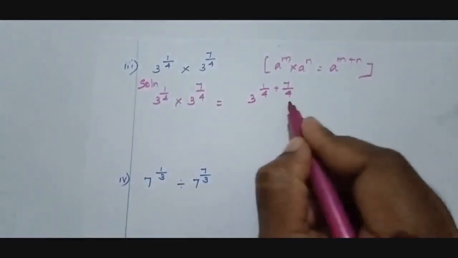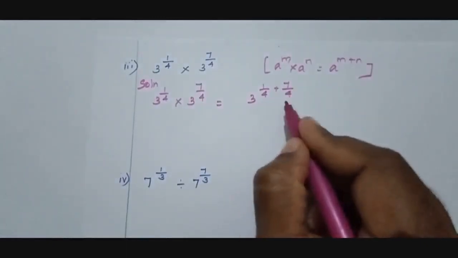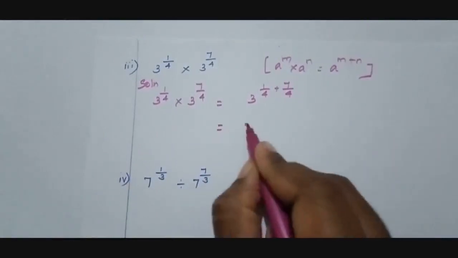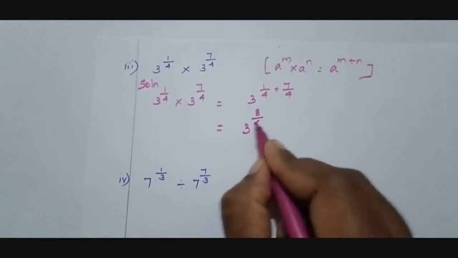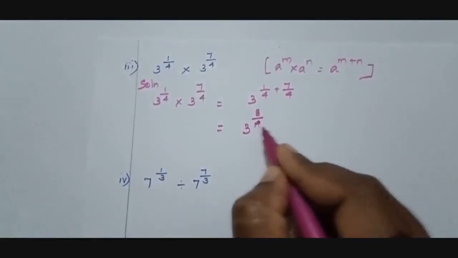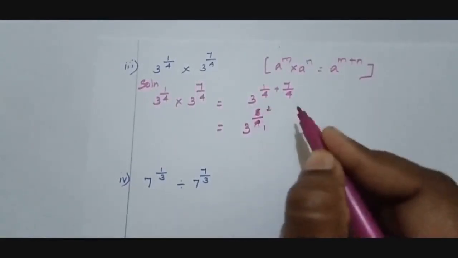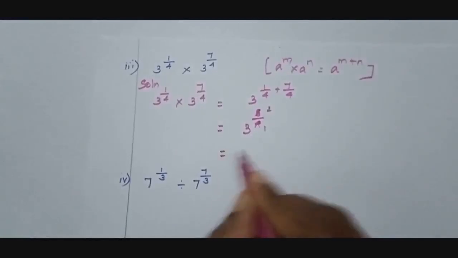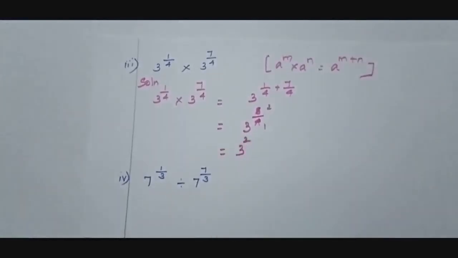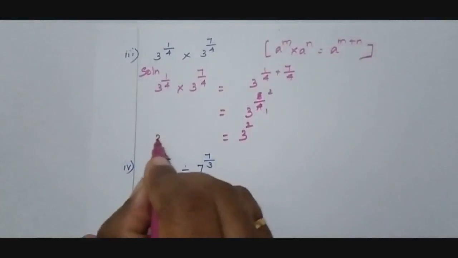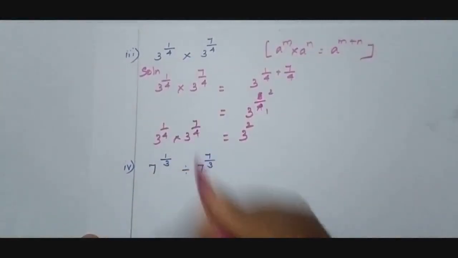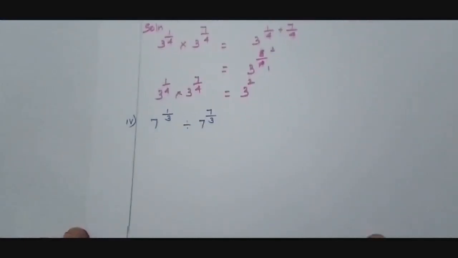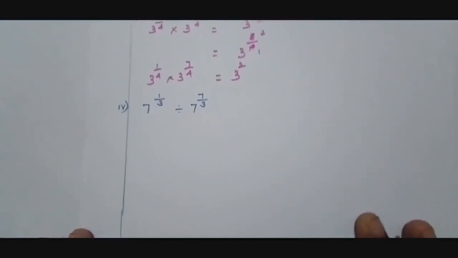Here the denominators are same, so you can simply add the numerators. This is equal to 3 power 1 plus 7 is 8, 8 divided by 4. Now you can cancel these two, 1 4 is 4, 2 4s are 8. So which is equal to 3 power 2. 3 power 1 by 4 into 3 power 7 by 4 is equal to 3 square. Is it clear, children? Yes.